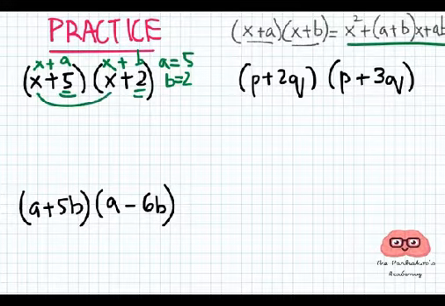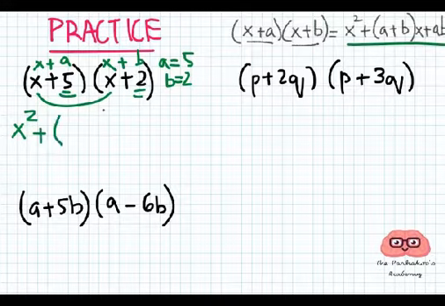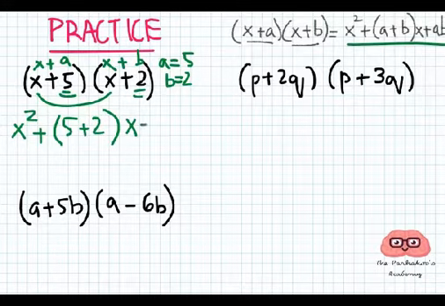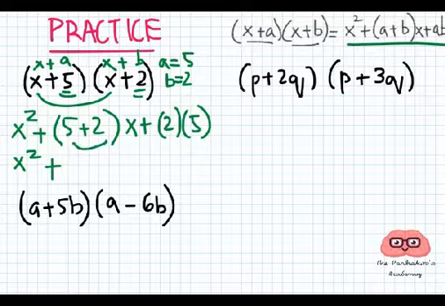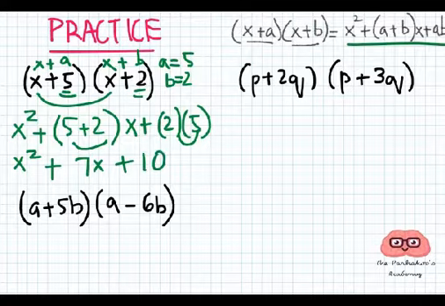Squaring the first term, x squared, plus adding the second terms, 5 plus 2 times the first term, plus taking the product of both the terms. Simplifying it, 7x plus 5 into 2 is 10. So here we go.